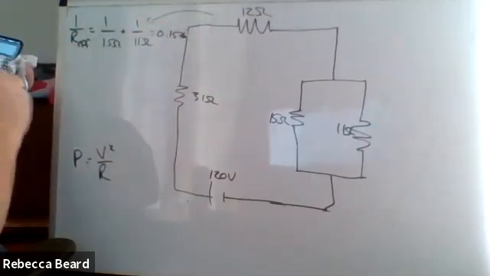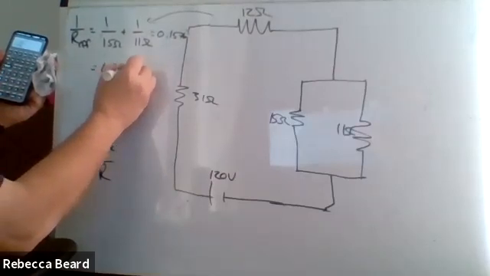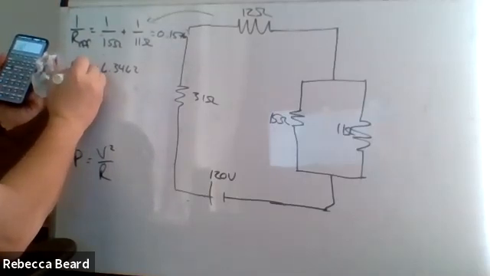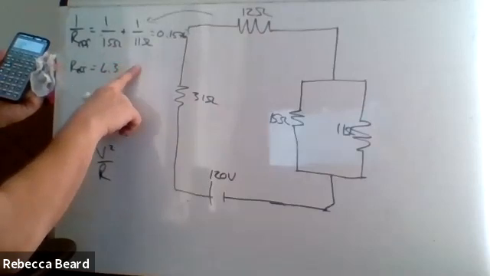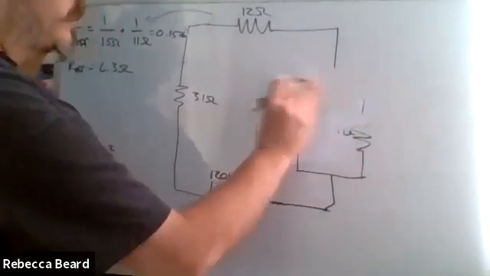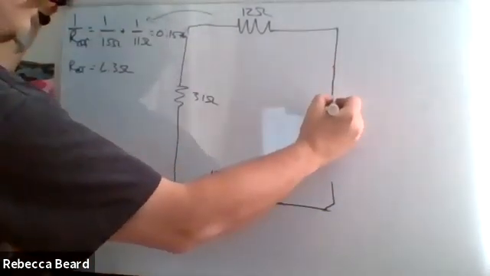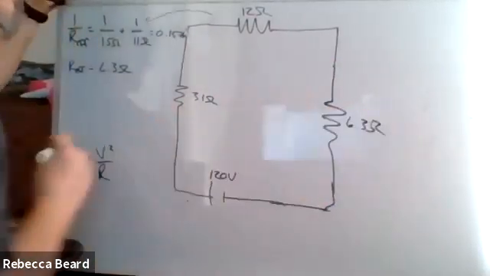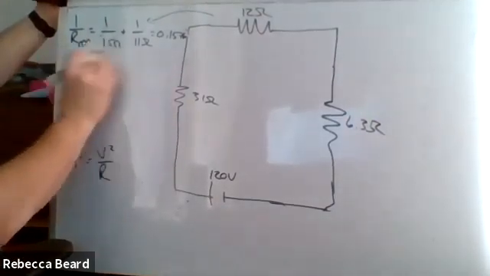I do 1 over that, and I'm going to get 6.3462. This is now the actual effective resistance. But again, we're going to keep it at 2 significant figures, so we're going to say that's 6.3 ohms. So we're going to replace this one with 6.3 ohms.